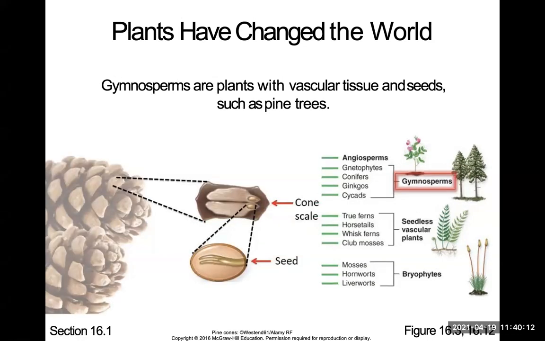Gymnosperms are the plants that have vascular tissue and seeds. An example would be a pine tree. It's going to make cones and make pollen.